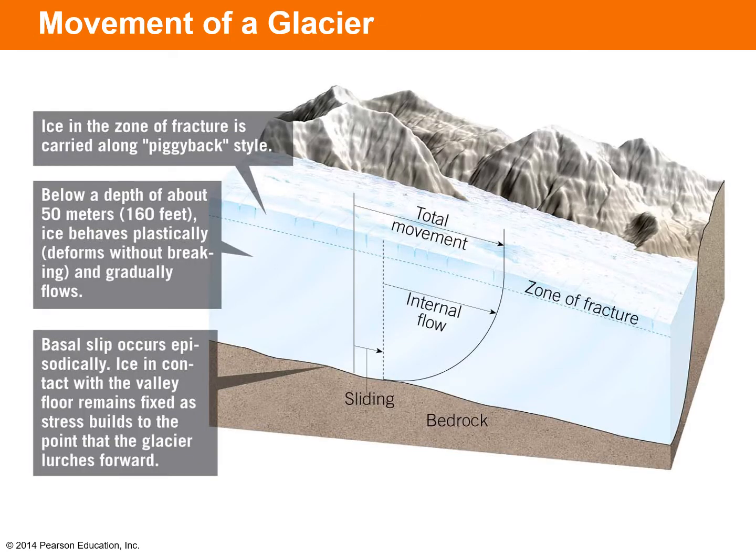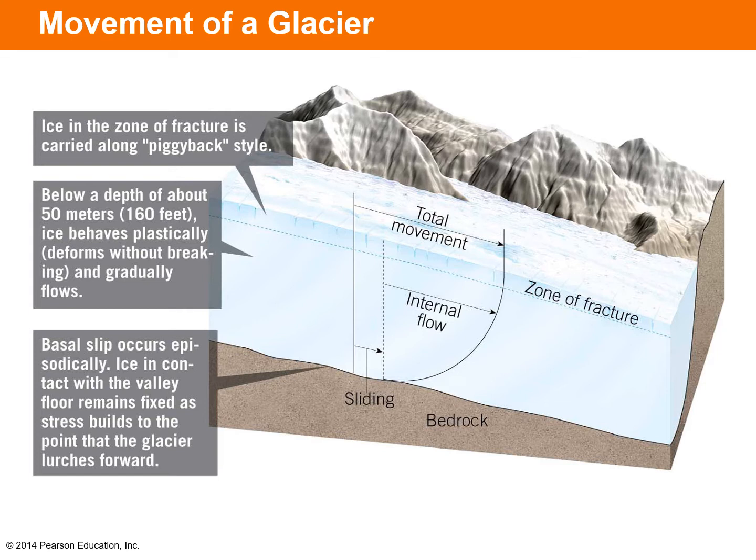All right, so this figure shows a really great example of the different types of glacial movement occurring at the same time. So ice in the zone of fracture, which is usually the top layer of the glacial ice, is sort of carried along with all of the movement that's occurring below, piggyback style. And we'll get into why it fractures like this near the surface in a moment.